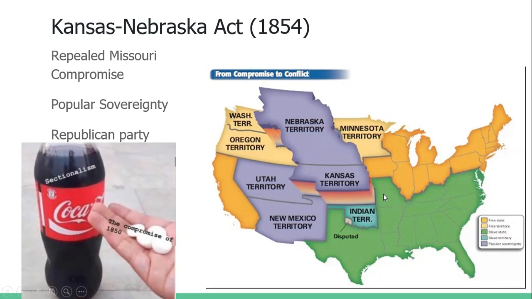But the compromise was that Missouri would be the only state north of that line that is a slave state, and otherwise you have to be below that line to become a future slave state, and anything above would be a free state.